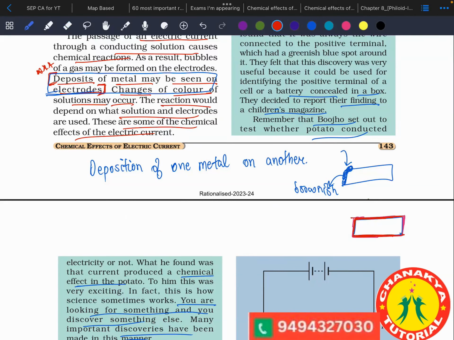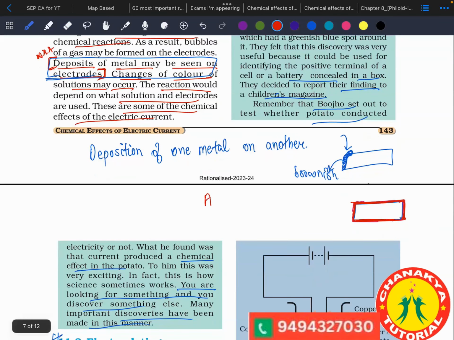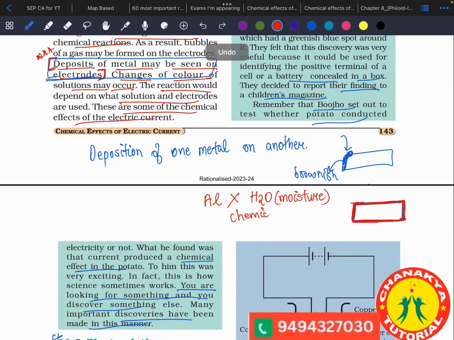Now can you tell whether it will get rusted or not? No, sir, because the aluminium does not react with the water vapor, or moisture. So this aluminium does not react with moisture, due to which it won't undergo a chemical change, and the surface won't get rusted.